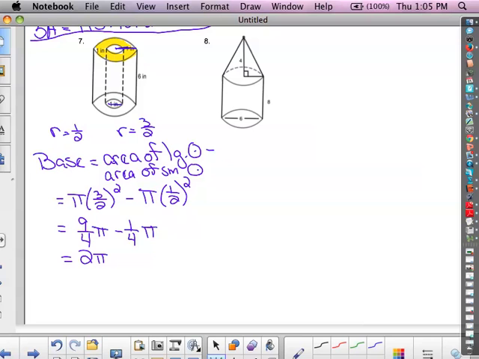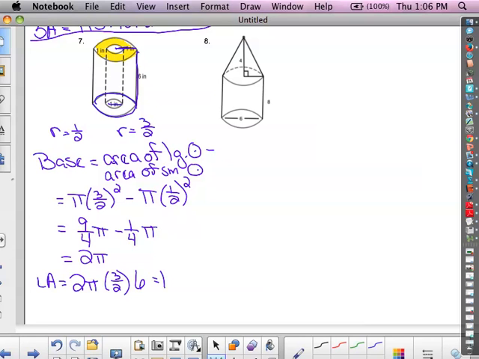Now I need to find the lateral area on the exterior. So I'm going to take the circumference times the height. The circumference is 2 pi times the radius. The radius of the large circle is 3/2 times the height, which is 6.